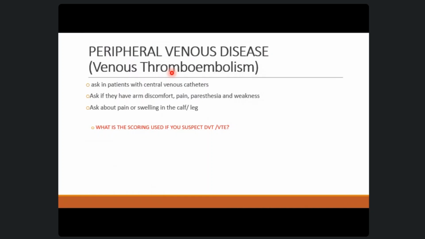These are the access points that can cause a possible VTE. So ask if they have arm discomfort, pain, paresthesia, and weakness, and of course ask if they have pain in the lower extremity.